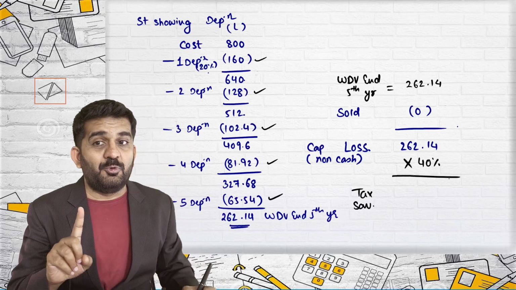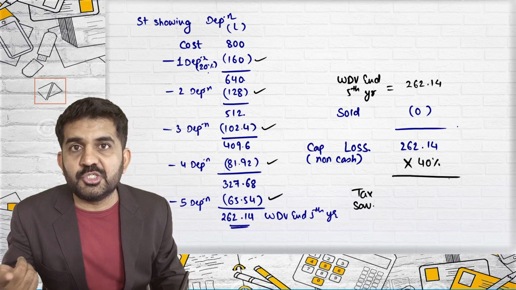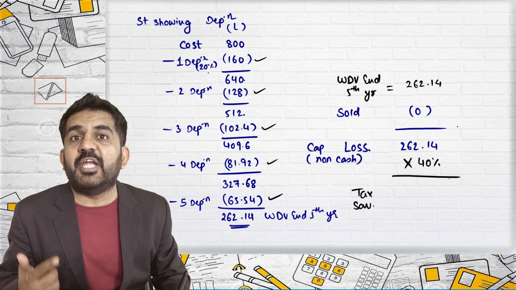40%. Now you don't have to do 1 minus t. 1 minus t gives you after tax cost. Multiplied by t gives you tax benefit.